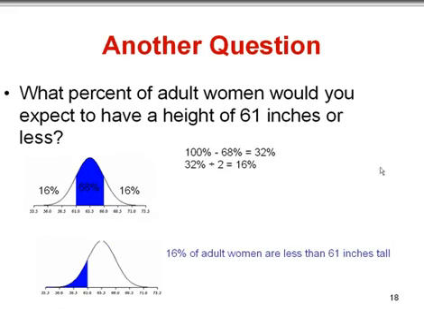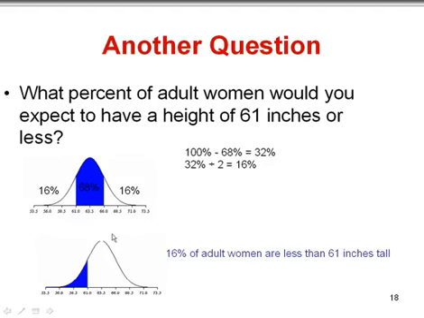What about the percent that are shorter than 61 inches? Since 61 is exactly one standard deviation from the mean, we will use the first graph that captured the middle 68%, leaving 32% to be split equally between the two tails. 16% of the women are taller than 66 inches, 16% shorter than 61 inches.